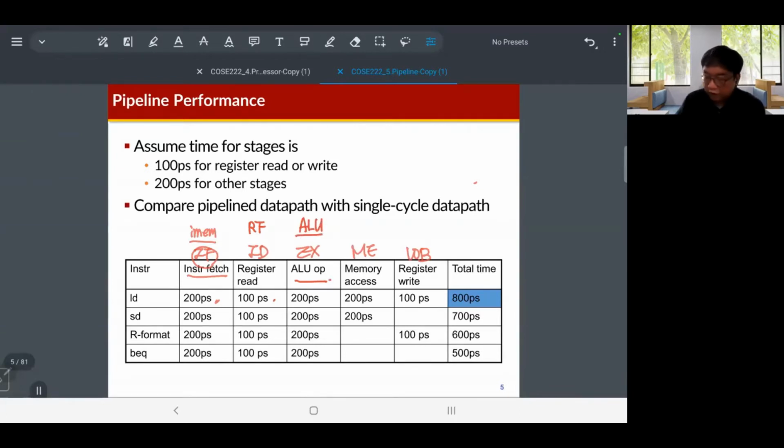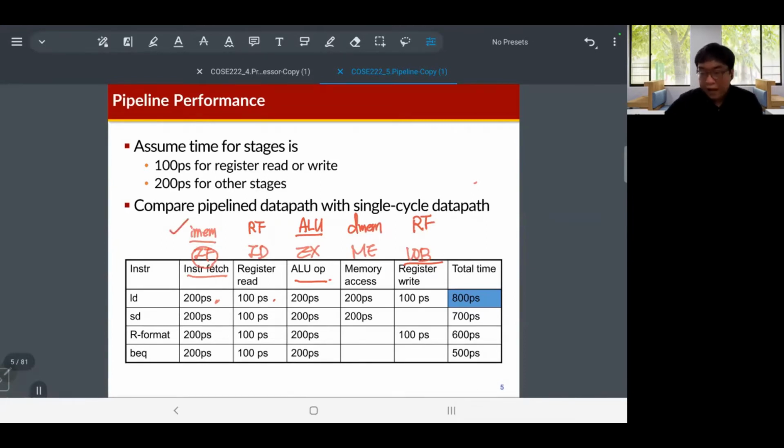Let us assume that the delay of the ALU is 200 picoseconds. In the memory stage, we need to use data memory. Then for write back, we need to write data to a register, which means that we need to use the register file.